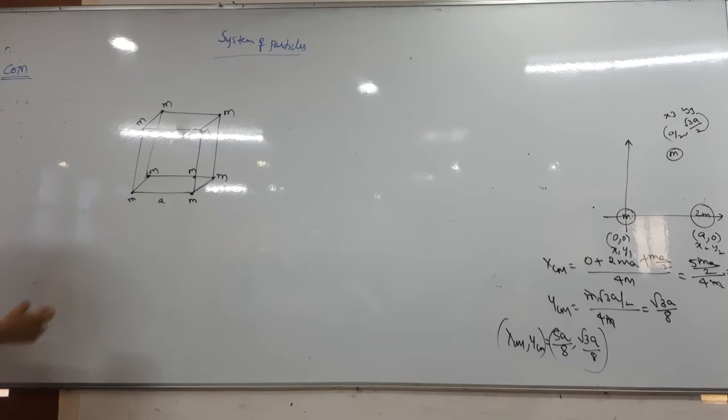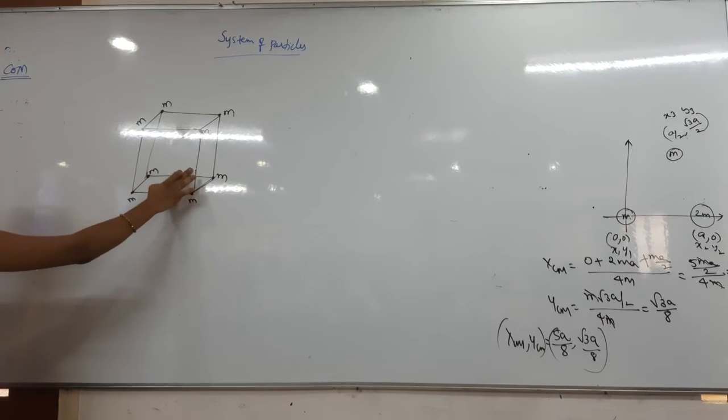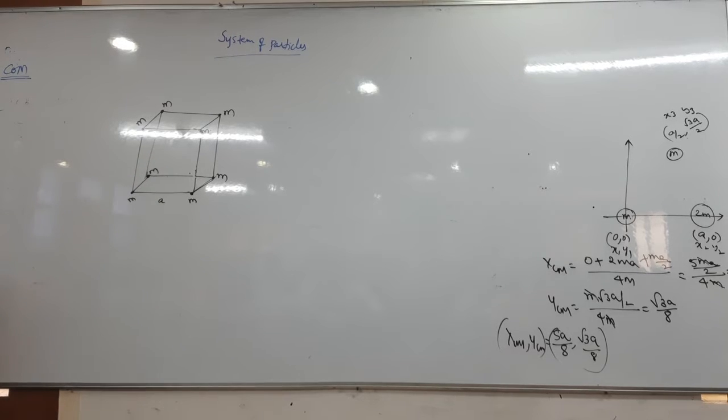Eight only, na? How many masses I drawn? How much? No. How many coordinates will be there? You are saying only one coordinate. 3 coordinates. Nothing but 3 center of masses should come, na?